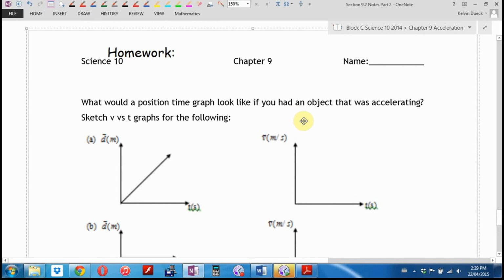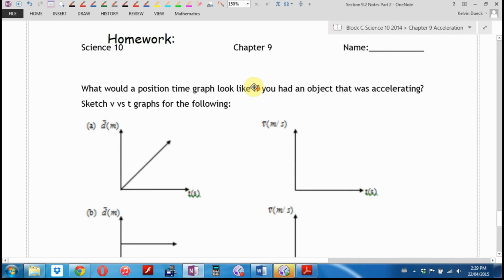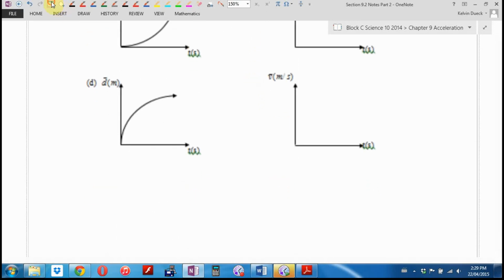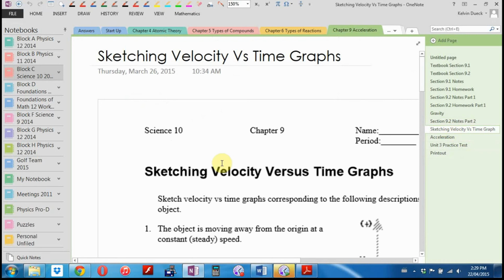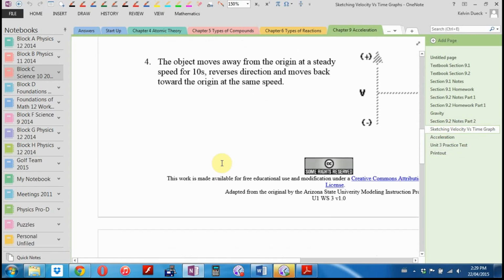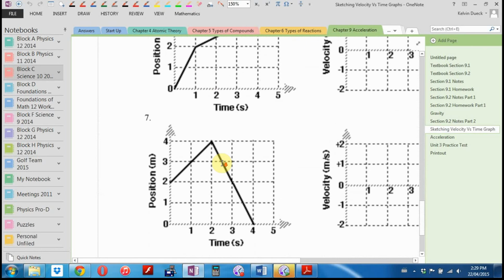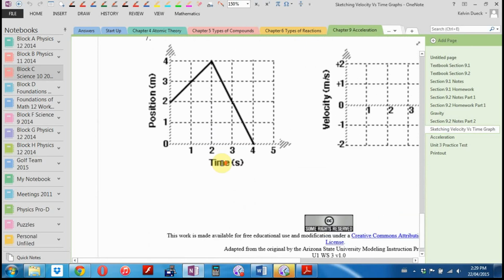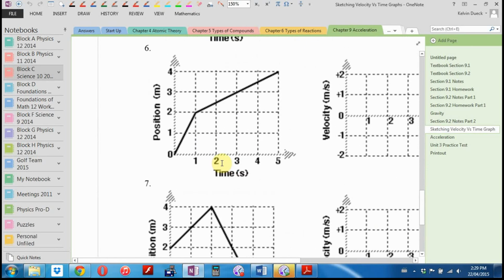In fact, it may be good for you to try the whole attack, defend, convince thing that we did before class. Your homework: try these 4 graphs, and then the handout that I gave you is sketching velocity versus time graphs. I did not include answers this time. See if you can sketch what you think are the correct graphs. I'll go over these Friday. You can probably get it all done in 10 minutes if you hustle.